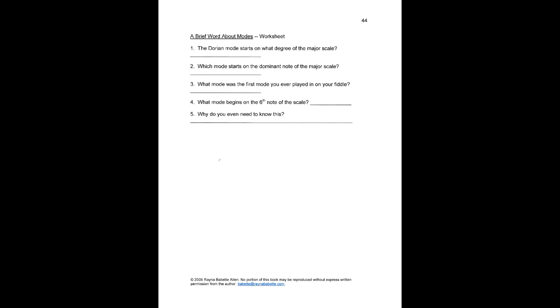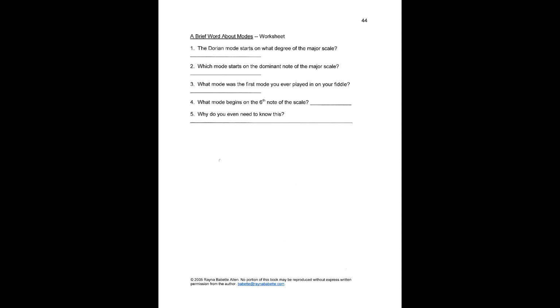The Mixolydian mode starts on the dominant note. Question 3. What mode was the first mode you ever played in on your fiddle? That was the Ionian mode.